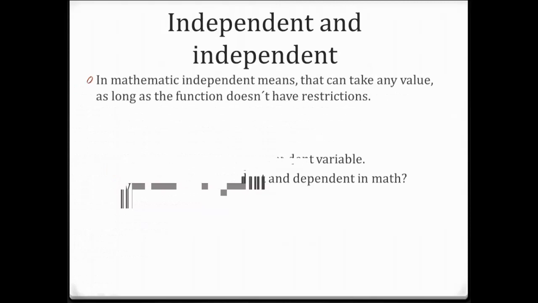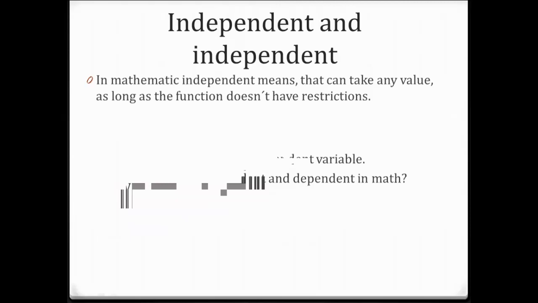In mathematics, independent means that you can take any value as long as the function doesn't have restrictions. We will see those restrictions later, but in the functions we will study, I think we won't have troubles like this one.